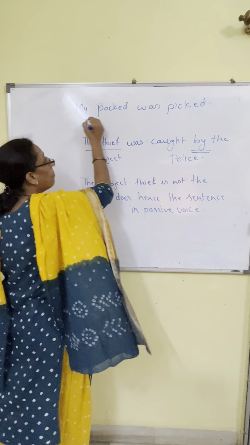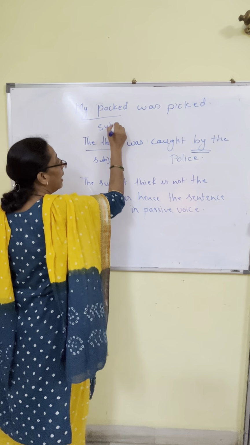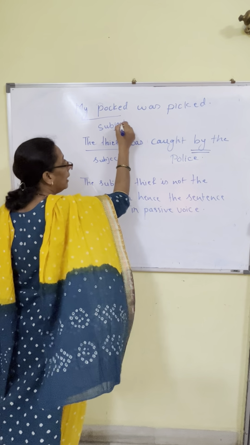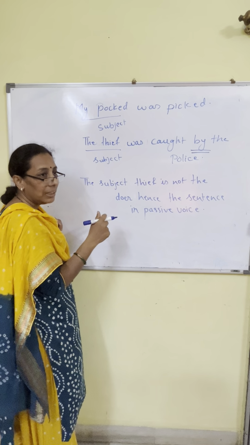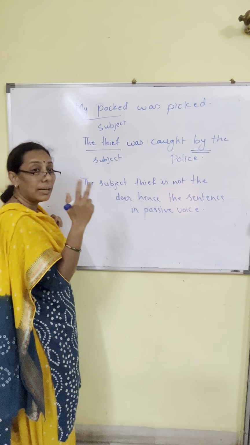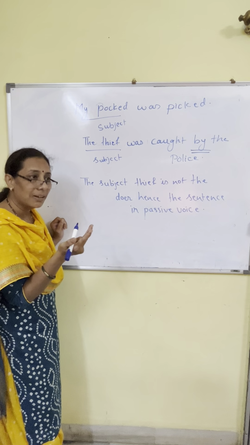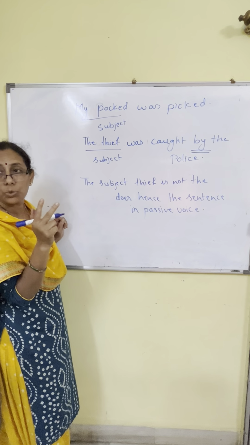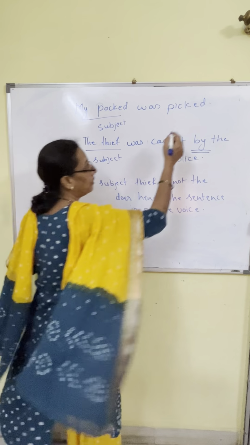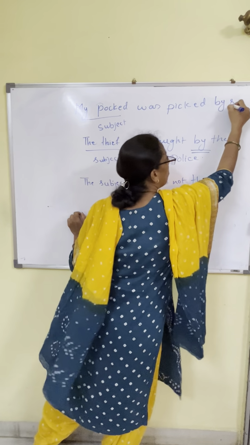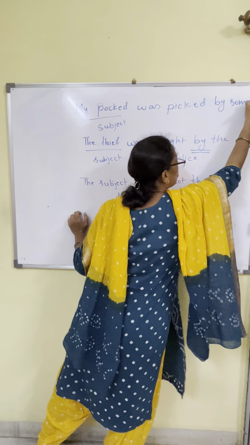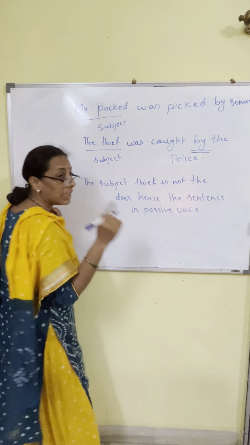And hence, my pocket is subject. Is my pocket doing anything? No. What happened to my pocket? It was picked. But have they given who has picked it? No. Then what are you supposed to do here? Yes, very good. So we have to add here by someone. So my pocket was picked by someone.